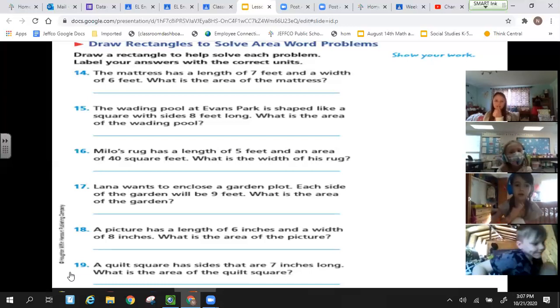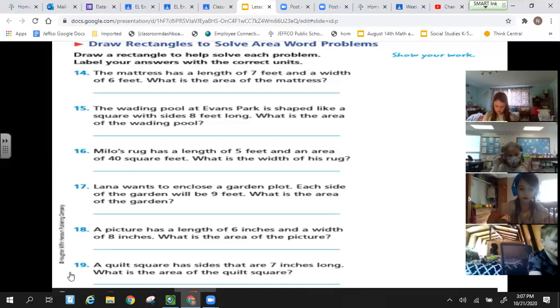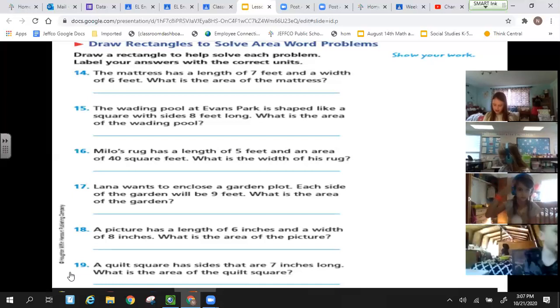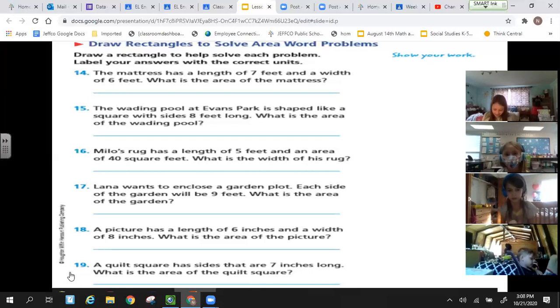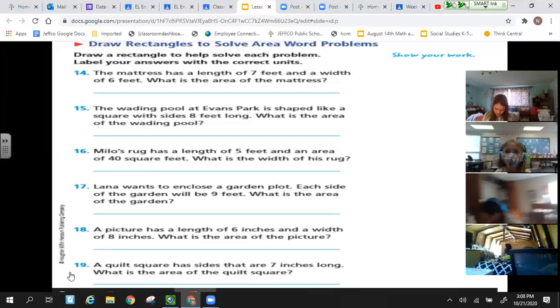So let's look at number 16, because 16 is a tricky one. It says Milo's rug has a length of 5 feet and an area of 40 square feet. What is the width of his rug? Okay, so let's think about that. They're not giving me the side lengths in this one.